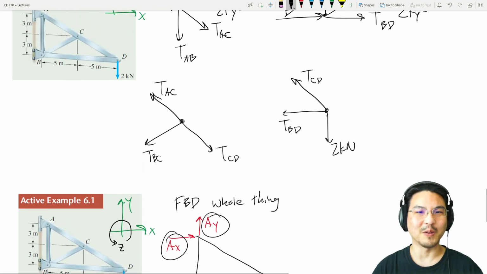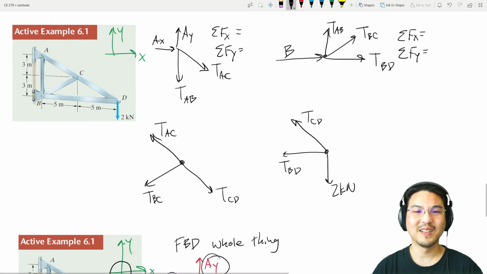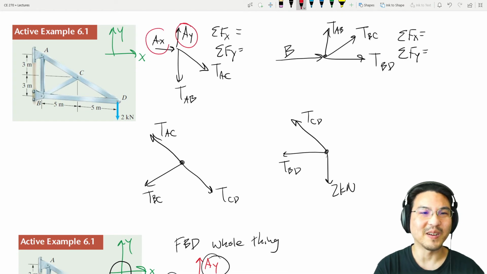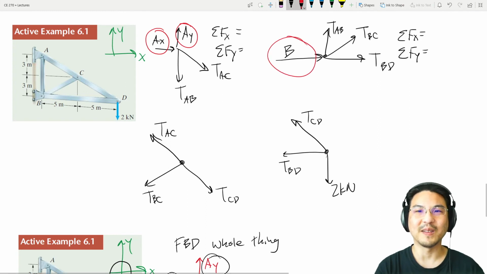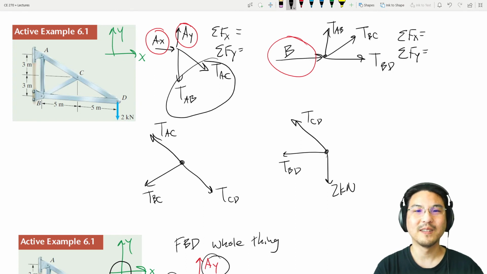Now you can do the whole joint to joint. But we know these answers right here. Right, so then if you look at it, this free body diagram has 2 remaining unknowns. And we can write 2 equations, which means you can solve for these 2.